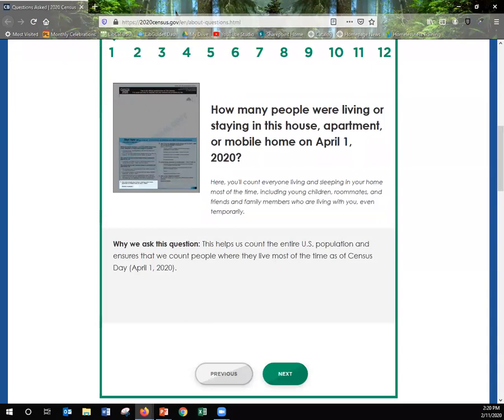Oh, we did just get a question. Are trans individuals encouraged to put the sex gender they identify as? I don't know the answer to that question, but I would say yes. These are not going to be vetted for being correct. Nobody's going to look at somebody's driver's license relative to their census answers. This is all disaggregated data.